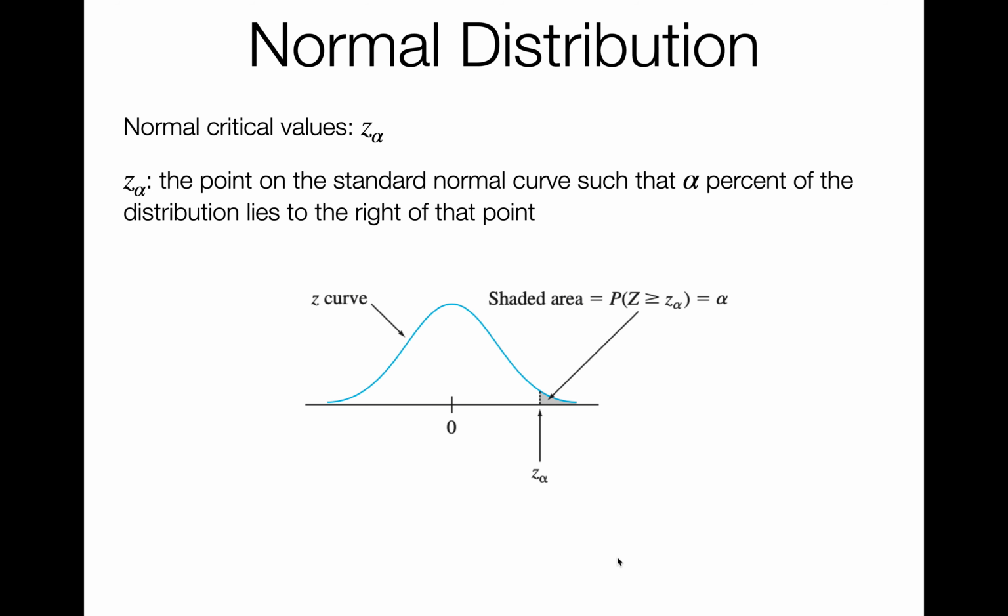The z with a subscript alpha is the point on that distribution, so it would be like an x value, a value of the random variable, such that only alpha percent of the distribution, which really means alpha probability, lies above that point. So if you're calculating the probability that the random variable z is greater than or equal to that point, you're going to get alpha.